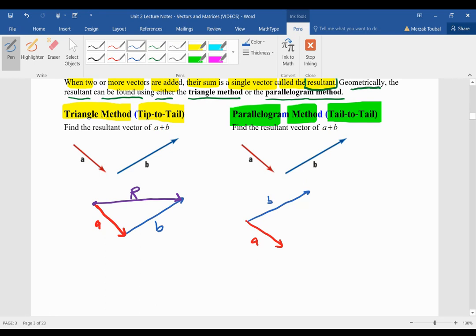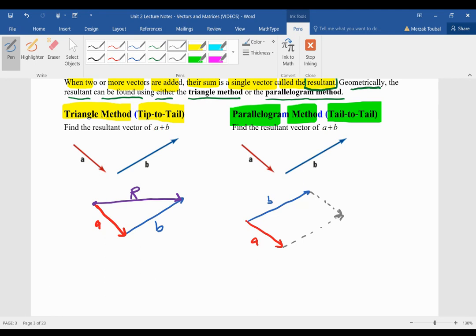So what I'm going to do next is replicate vector B starting from the tip of vector A, like this. Use dashed lines so we differentiate between the two. So that's a replicate of vector B. And then I do the same thing for vector A. I'm gonna replicate it but starting from the tip of vector B, like that.